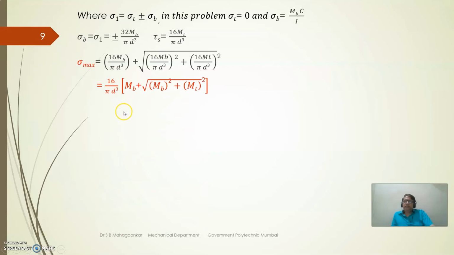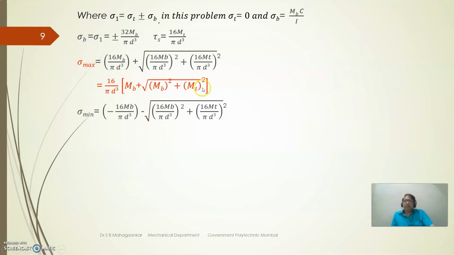Taking that value, 16 by pi d cube is common here. If I take it outside, it is 16 by pi d cube, which is common, times the bracket Mb plus under root Mb square plus Mt square.